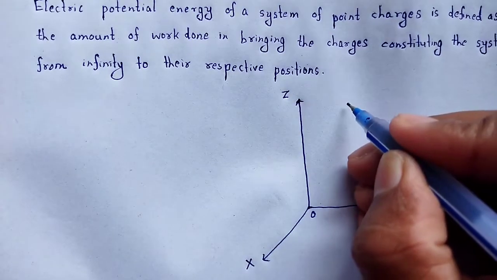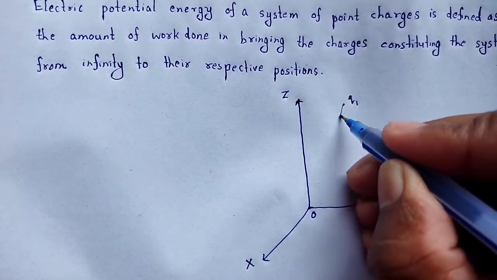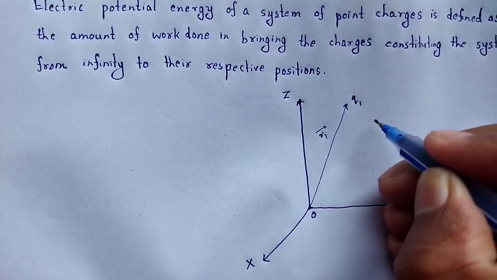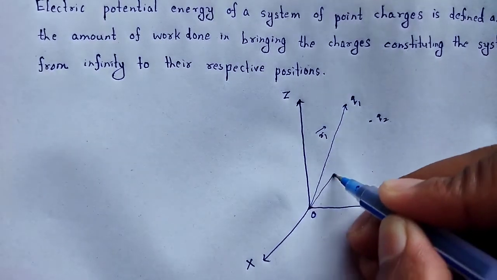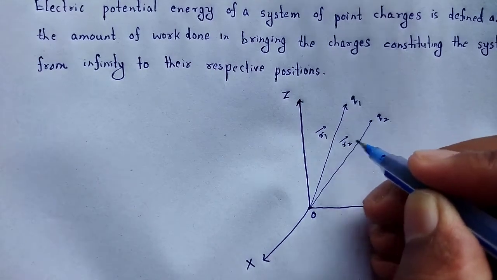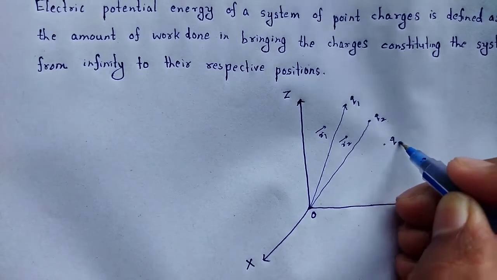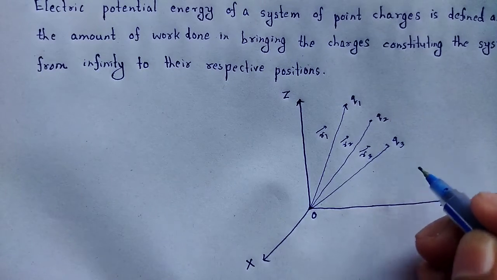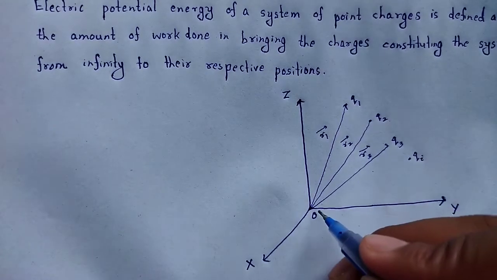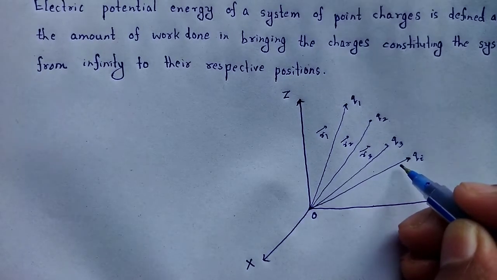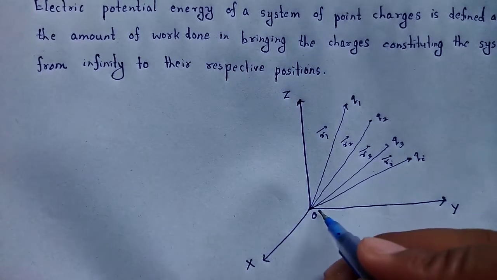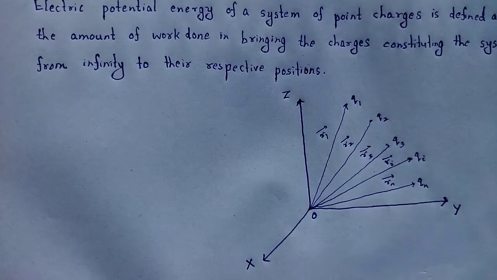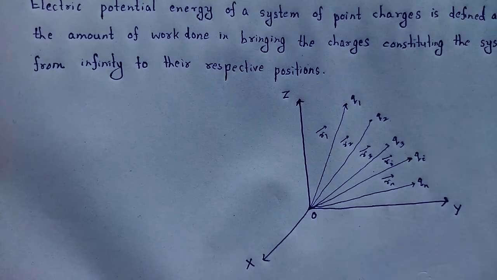There is a system of point charges: a charge q1 having the position vector r1, q2 having the position vector r2, q3 having the position vector r3, qi having the position vector ri, and a point charge qn having the position vector rn. These are the system of point charges.